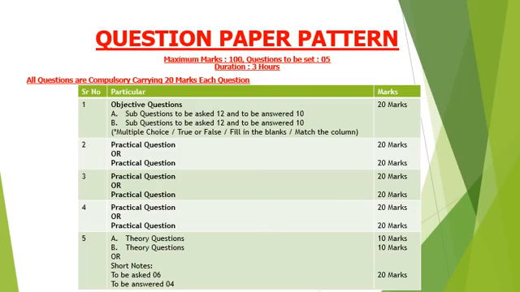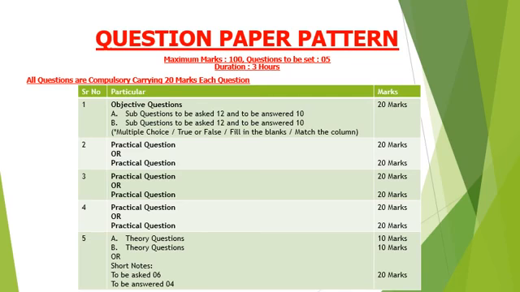Question number 2 is practical questions. There are 2 questions, and you have to select any one of them. Marks are 20. Same way, question number 3 is a practical question. 2 questions are there. You have to select and solve any one. Marks are 20. Fourth, same practical questions. 2 practical problems, select and solve one, 20 marks each.